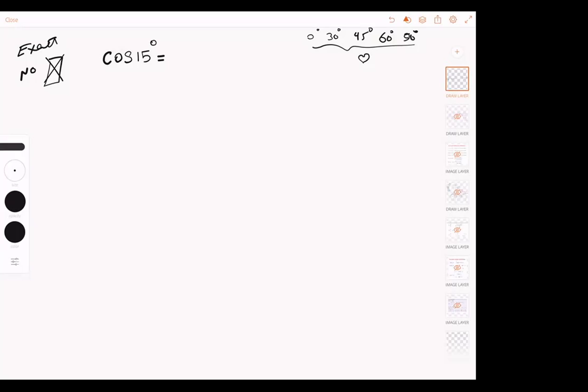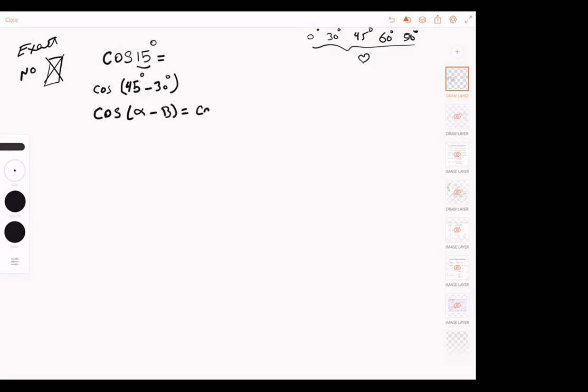Cosine A minus B. Very nice. So 15 is coming from 45 minus 30 degrees, correct? This is one option. And if you look at the note sheet, cosine of A minus B, now I'm going to say alpha minus beta.